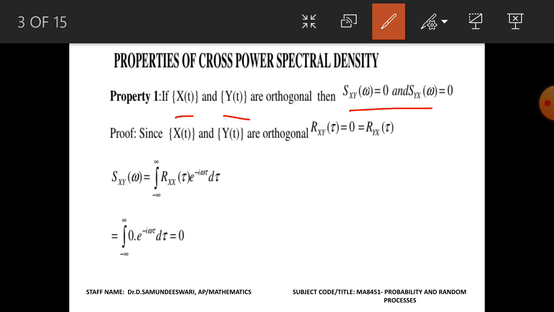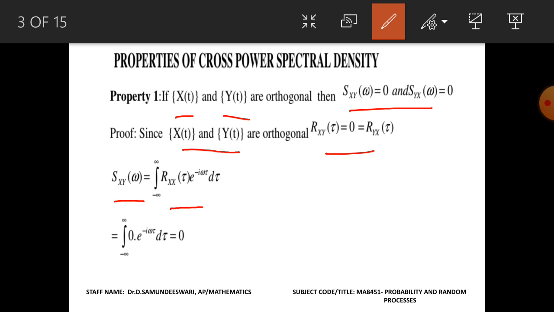We know that if the random processes x(t) and y(t) are orthogonal, then their cross correlation value equals 0. We know the result already: Rxy(tau) equals 0 and Ryx(tau) is also equal to 0. So by making use of this, what is my Sxy(omega)?